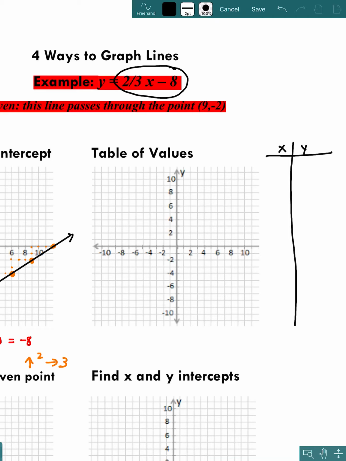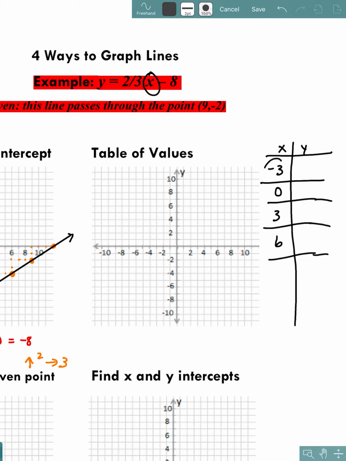Because the slope is 2 over 3, we've got that 2/3 in front of the value of x that we're going to multiply by. So whatever number we have, we'll be multiplying it by 2 and dividing by 3. So if we pick multiples of 3, it's going to make it a whole lot easier to do the algebra. So if I choose, for example, negative 3, 0, 3, and 6 as my x values, watch what happens here.